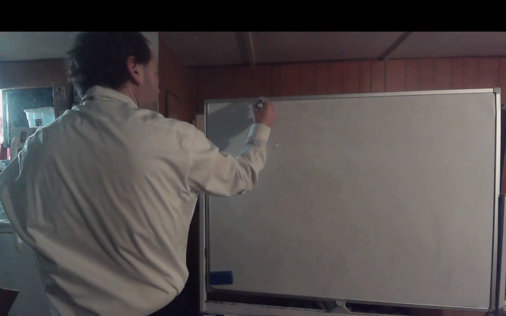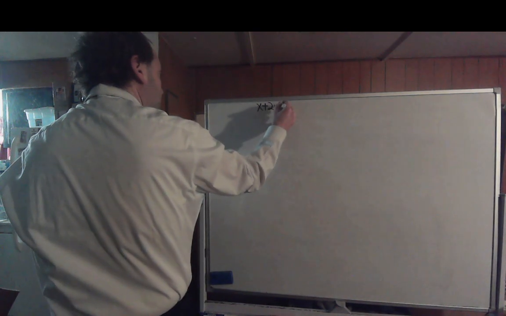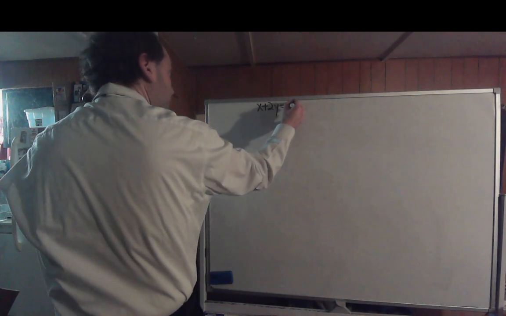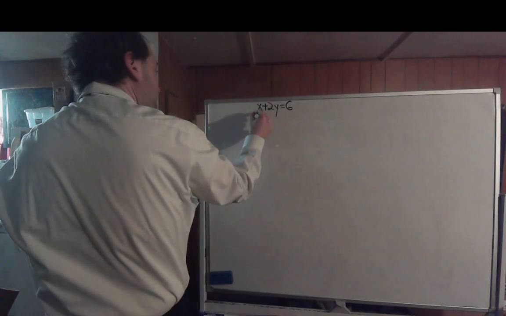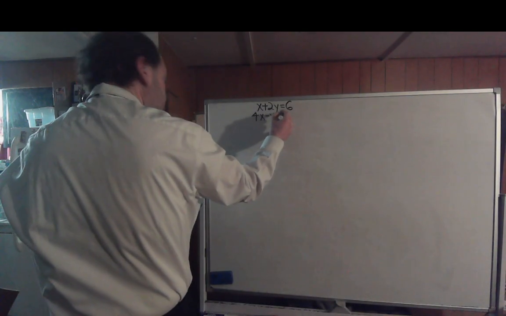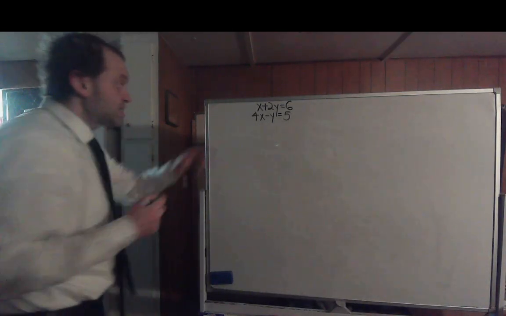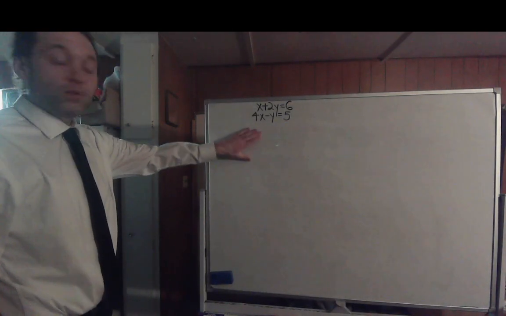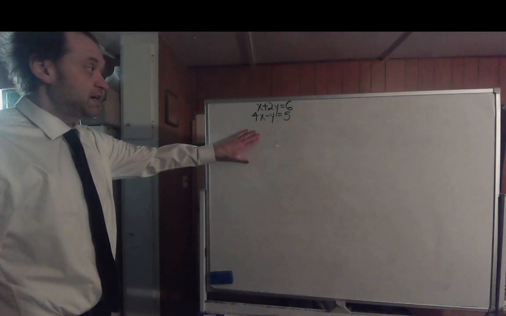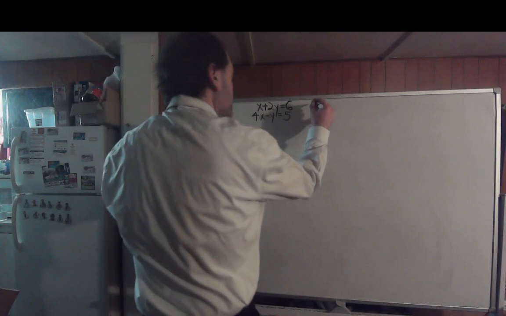Alright, next one. We are given x plus 2y equals 6. Then we have 4x minus y is equal to 5. Well, let's go ahead and form our separate matrices here.